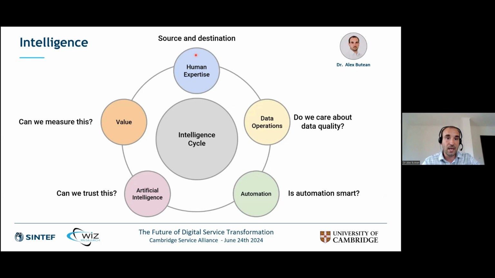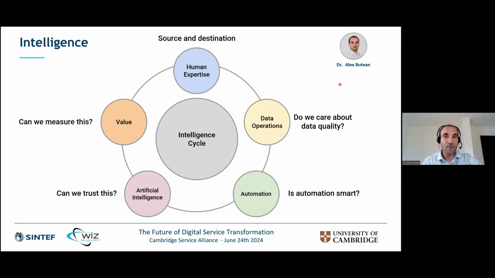So I'm going to say human expertise has led us to data operations, because we have reached a point where we can no longer process data with our brains, and we need operations and structure and so forth. But as we previously discussed, do we care about the data quality, or do we care more about some bureaucratic processes, like we have data, yay, we're happy, but how qualitative is our data?